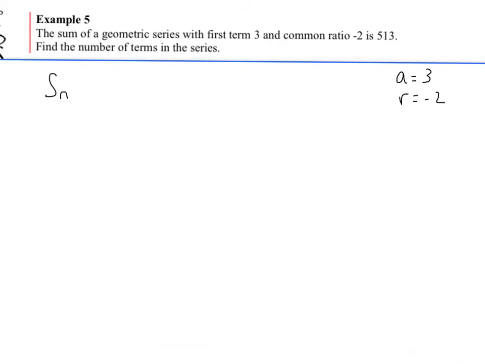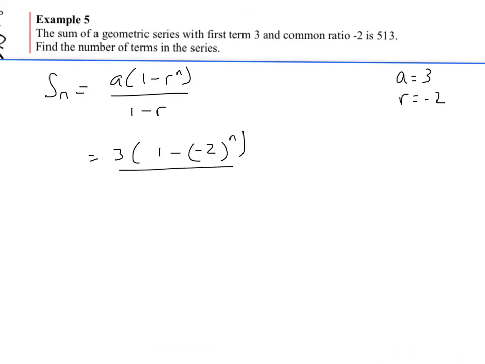Now since r is less than 1, the form we'll use is this one here, 1 - r^n over 1 - r. If we substitute the values, we'll have 3 times (1 - (-2)^n) over 1 - (-2), which is 1 + 2, and we've got 513.